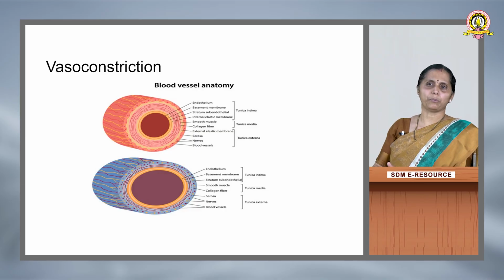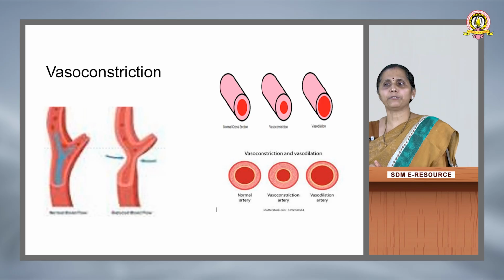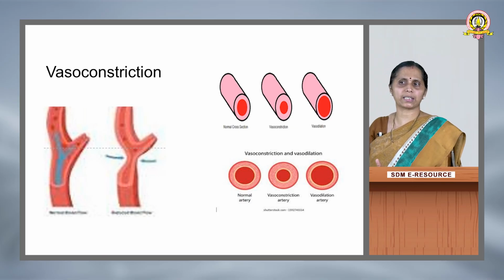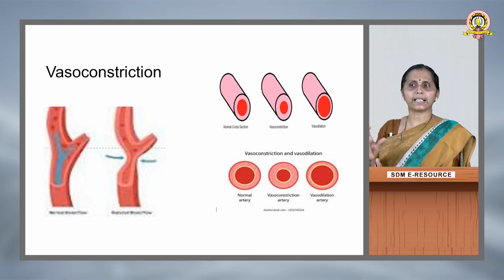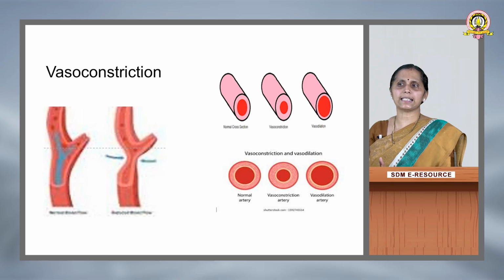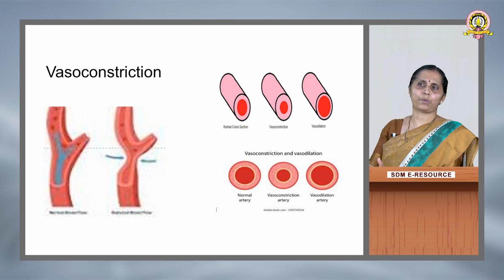When we talk about vasoconstriction, we can compare the lumen of the artery. You can see the normal artery with normal lumen size, and when vasoconstriction occurs, there will be contraction of the smooth muscles, reducing the lumen size, and you can compare with the relaxation of the smooth muscle leading to vasodilatation.